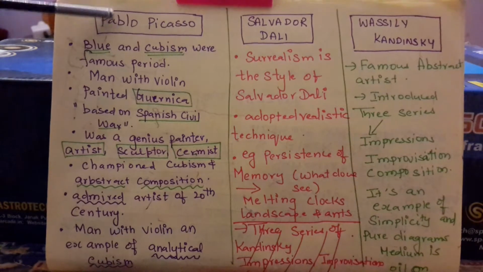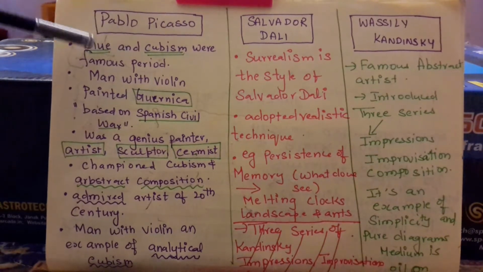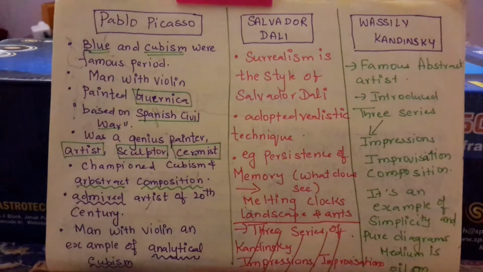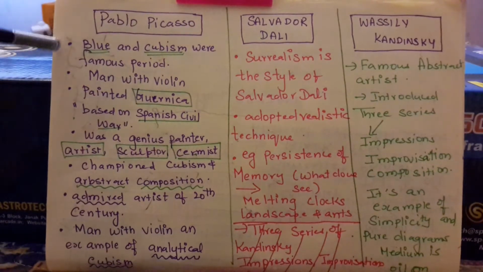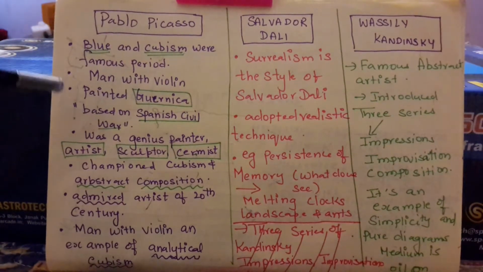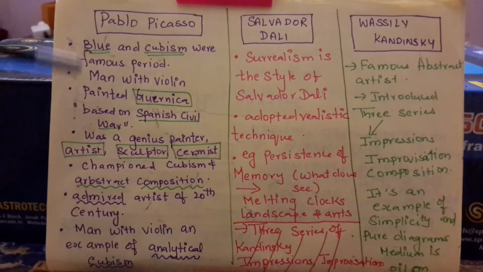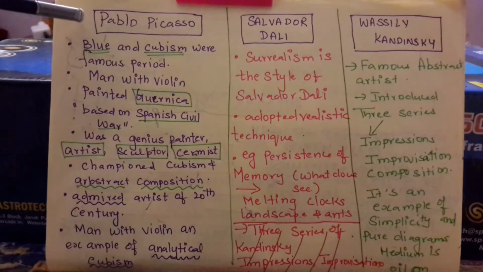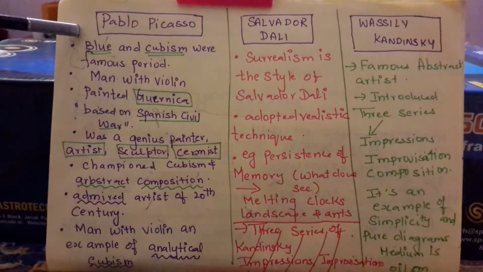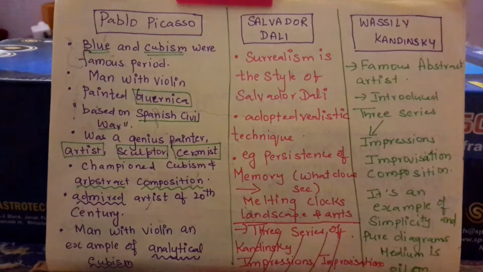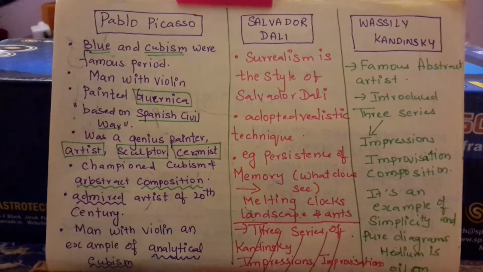Now, with Pablo Picasso, if the question is about writing short notes or appreciating the art style by the artist Pablo Picasso, Salvador Dali, or Vasily Kandinsky, the following are some of the very important key terms that you will have to relate and connect if Pablo Picasso is asked, or if it is based on the Man with Violin, or if it is based on Cubism.